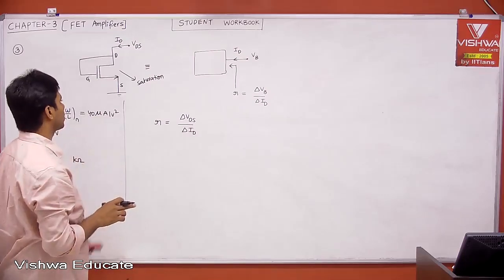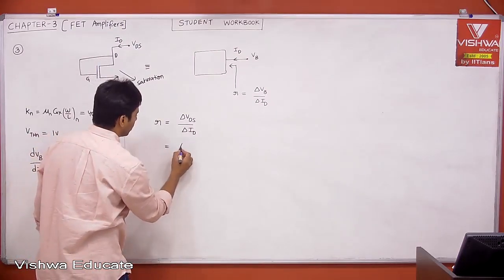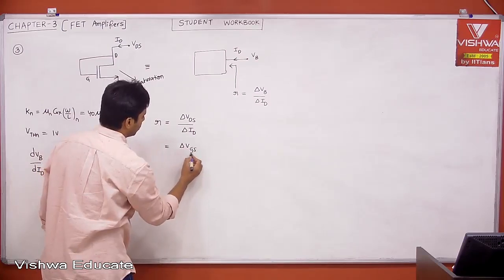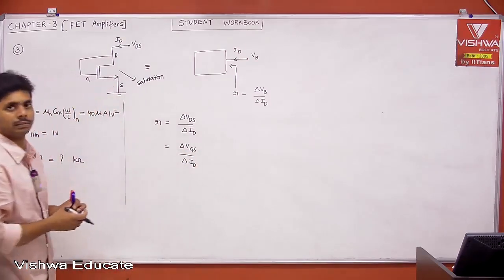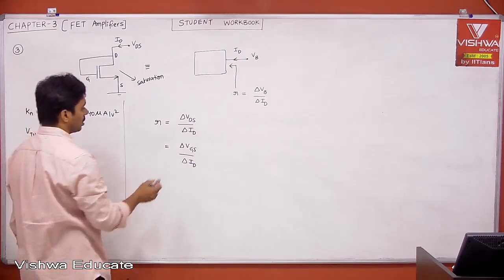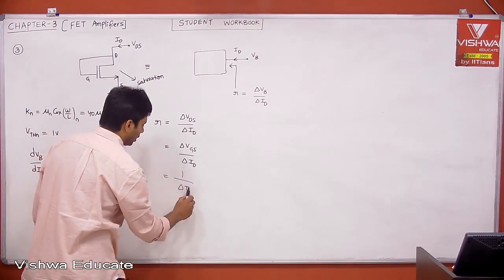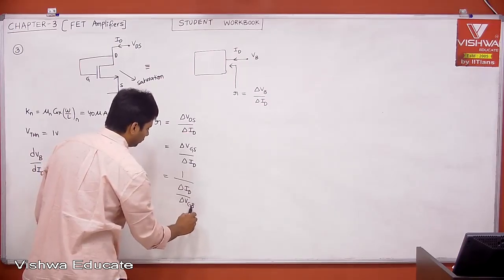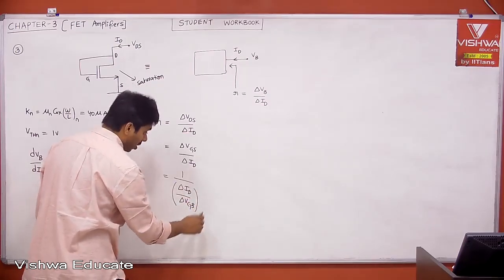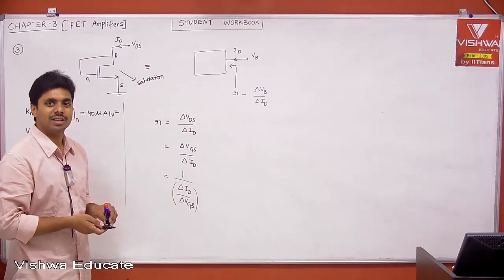For a diode connected transistor, VDS is nothing but VGS. Therefore, this is change in VGS to change in ID, which is 1 by change in ID to change in VGS, when VDS is constant. But here VDS is nothing but VGS, therefore VDS is not constant.